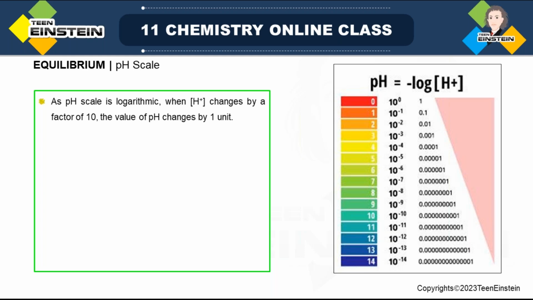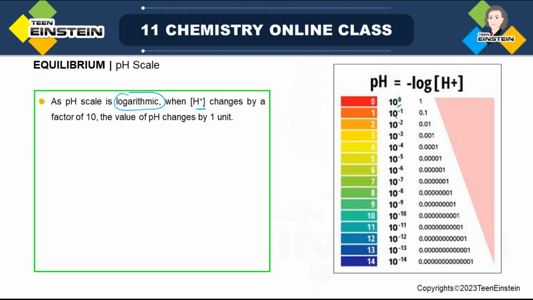Here, with increase in H plus, how the pH is changing, that information you can get. As it is a logarithmic scale, the pH scale is a logarithmic scale. When you are changing the concentration of H plus by a factor of 10, suppose first the concentration is 10 to the power 0, that means it is simply 1.